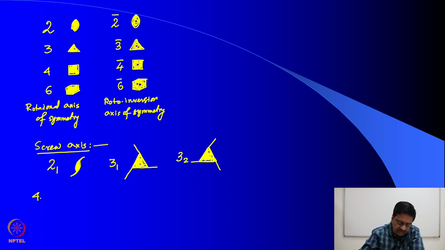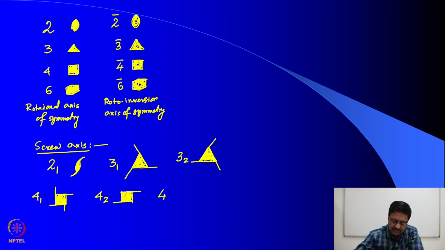Similarly, the 4-1 screw is represented by a square with the indication of a motion and a translation. 4-2 is also represented as a square, with two sides extended, indicating that the translation is half. 4-3 is opposite to 4-1, so the direction of motion is shown opposite.